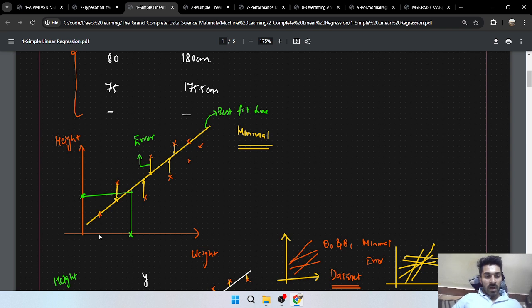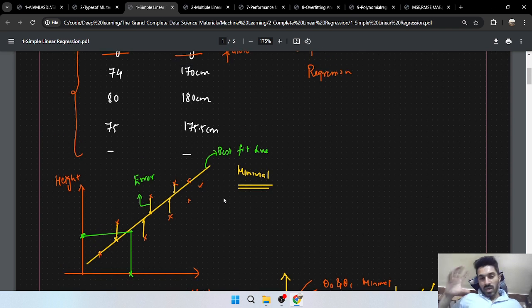Weight is there, height is there. Your aim is to find a best fit line that would touch every point, but it is not possible to touch every point.